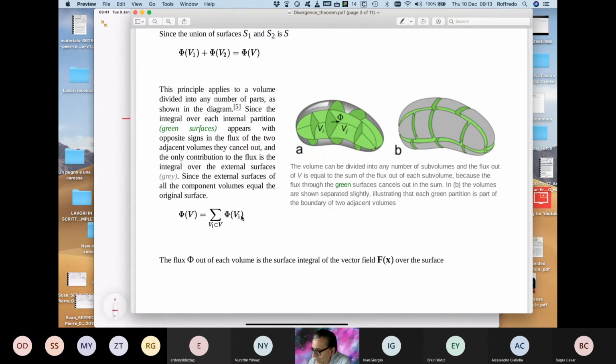I remind you what a partition is, which is also very important for finite elements. If you have a volume V and you have a family of Vi sub-volumes of V, Vi is a partition if Vi intersection Vj is empty when i is different from j, and when the union of the Vi's is V.